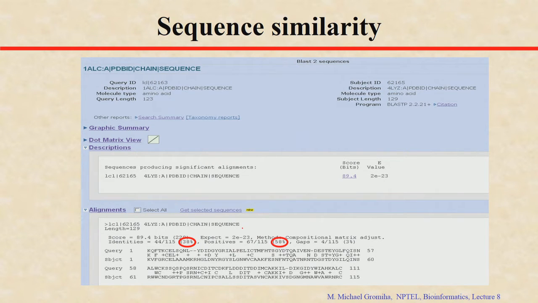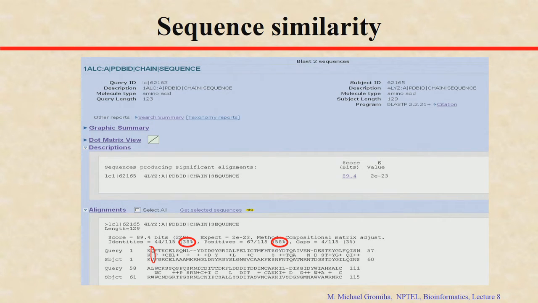If you compare this alignment and the previous alignment, what is the difference? The previous one, identity is 99% and positives are 100%, almost perfect alignment. You cannot say that for all sequences you get this type of alignment. Here you see a lot of gaps, and the residues are totally different. You can see Q and V, they have a negative score in the BLOSUM matrix or the PAM matrix.